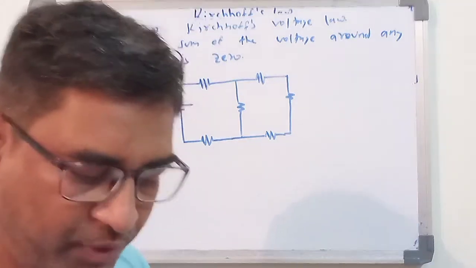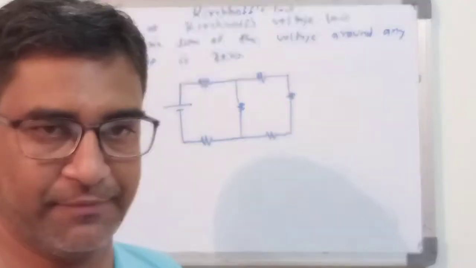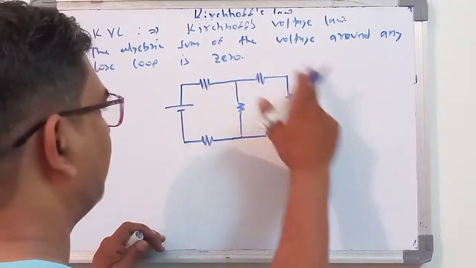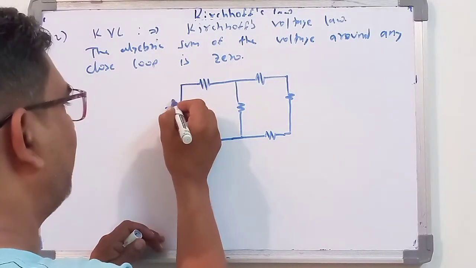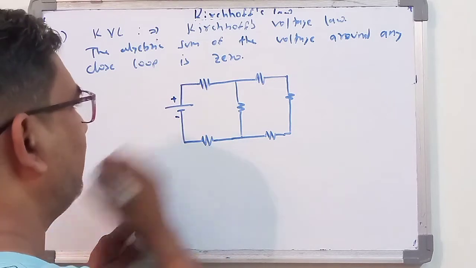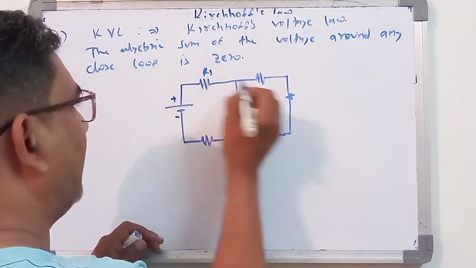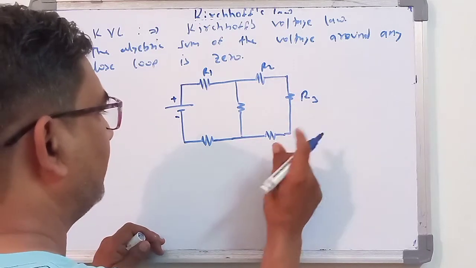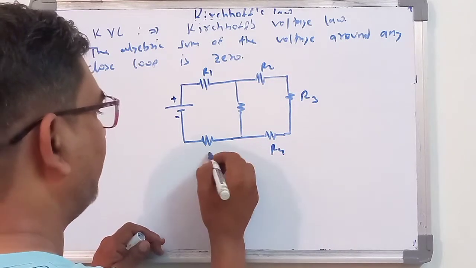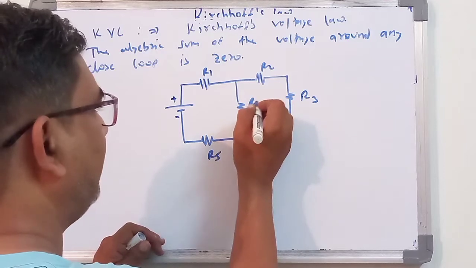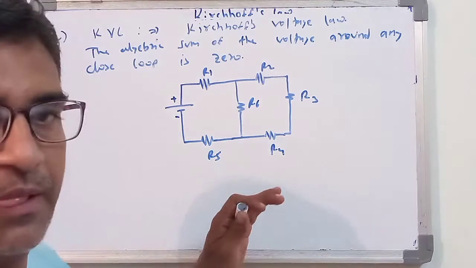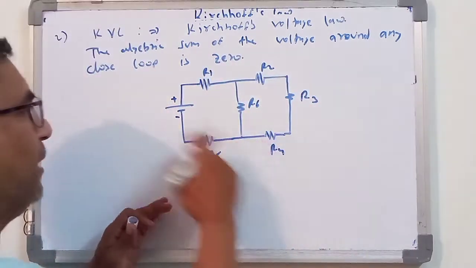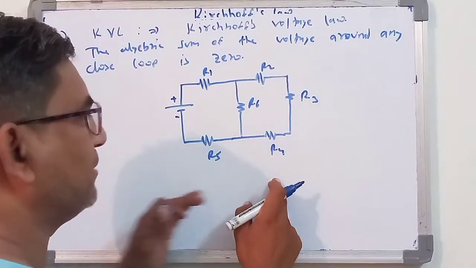In these 2 loops we have to mark the sign. Okay, just keep this circuit in your mind. So you have the positive and the negative value. Consider this resistance R1, resistors R2, R3, R4, R5 and R6. I have drawn myself and I have considered the value of this resistance.